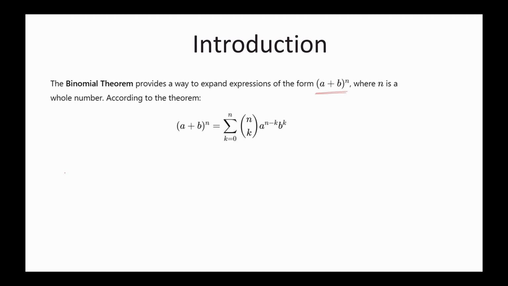In general terms, if I was to expand a plus b to the power n, this expands in this way: nC0 a to the power n b to the power 0 plus nC1 a to the power n minus 1 b plus nC2 a to the power n minus 2 b square plus, and this goes up till the value of n, where we have nCn a to the power 0, so this becomes nil, and b to the power n. So this is how generally this type of thing is expanded.